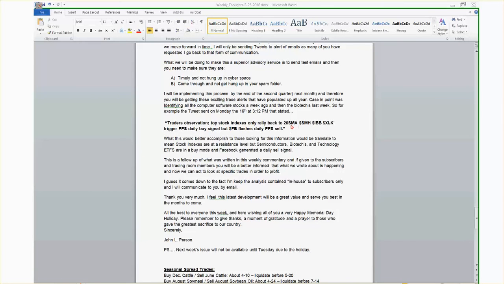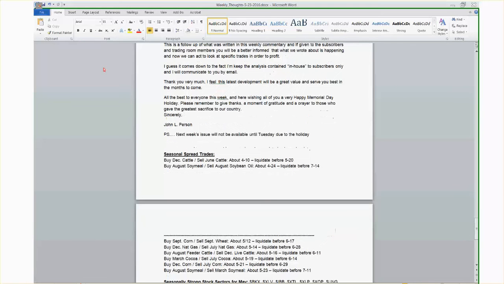Here we had this last Monday: SMH, IBB, and XLK triggered daily PPS buy signals. That was probably important information to know. And then Facebook flashed a daily sell signal and went down a couple bucks. So these are the kind of things that we put out each and every week.